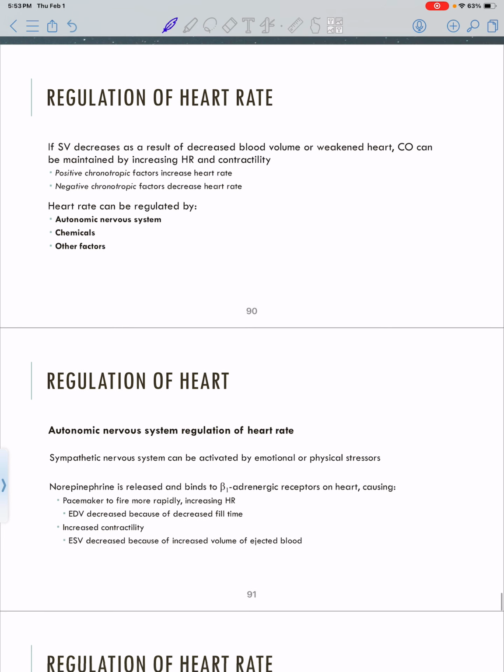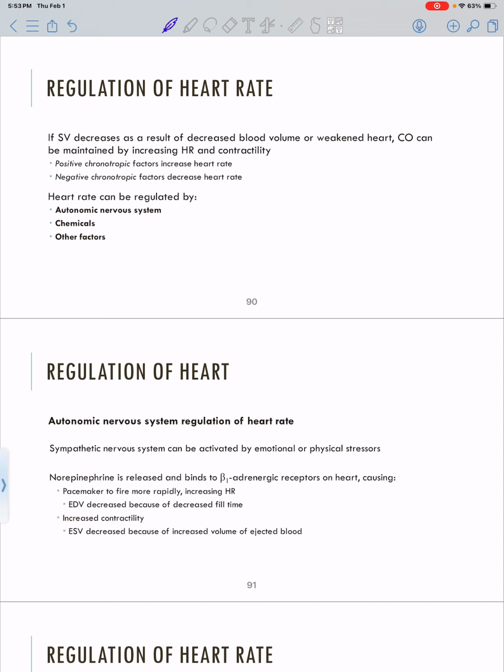Okay, now let's talk about heart rate. So we talked about everything that can affect stroke volume. That was preload, contractility, and afterload. Preload was the stretch. How much can we stretch our ventricle muscle cells to allow it to fill? So that's going to affect end diastolic volume because that's the max volume of blood in your ventricles before they contract.